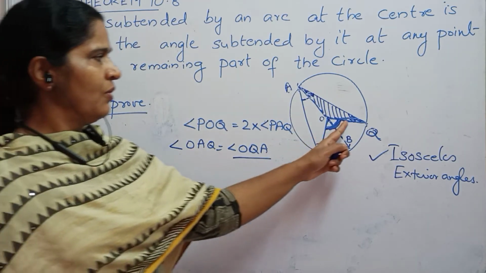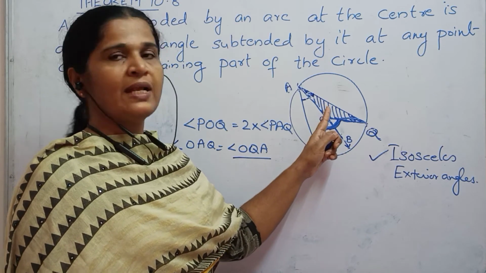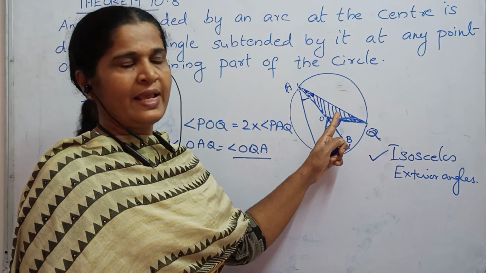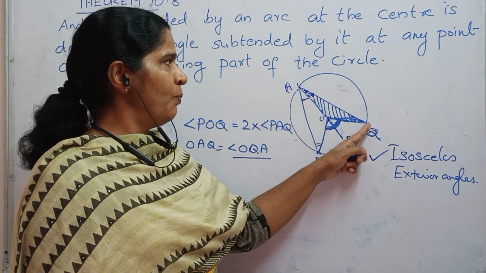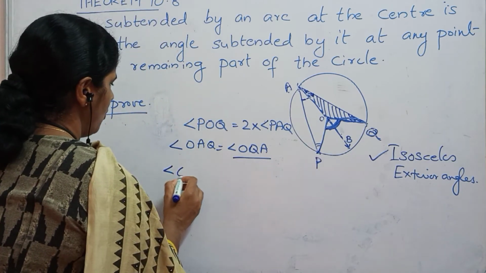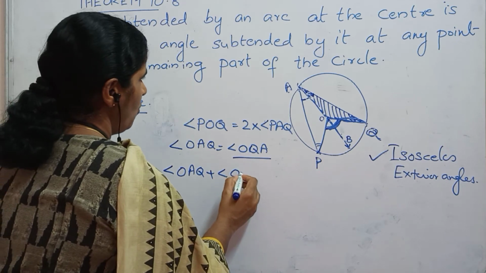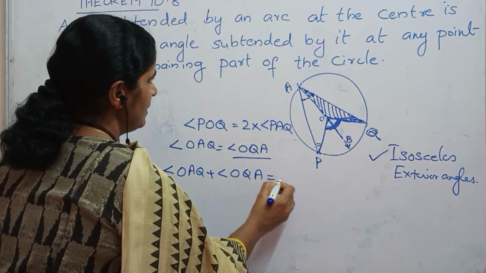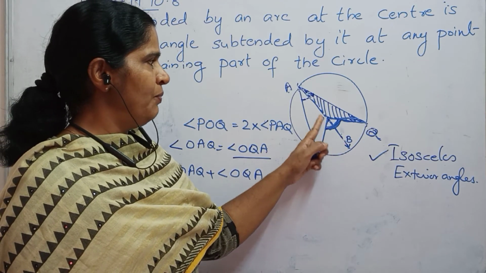For that, firstly, let us take the exterior angle property of this right side triangle. The exterior angle property says that OAQ plus OQA is equal to the outside angle BOQ.